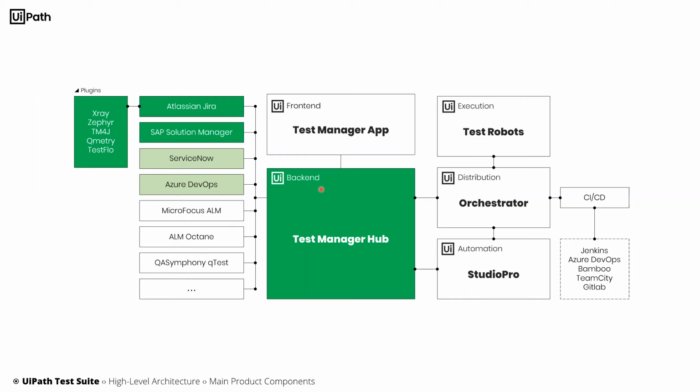This is manual testing. We, from UiPath, are of course very focused on automation, but we are aware of the fact that a lot of testing is still done manually for several reasons, and this is totally fair.